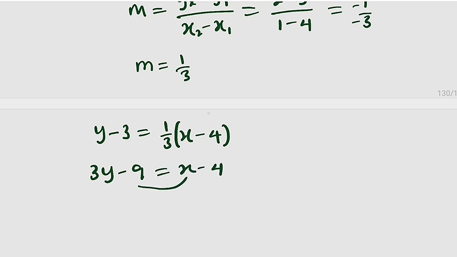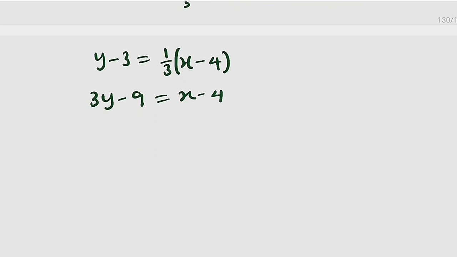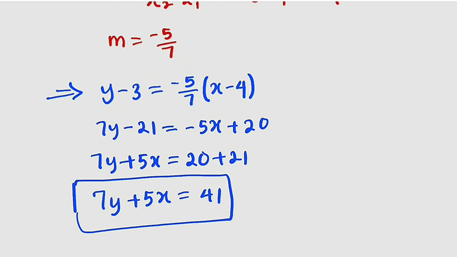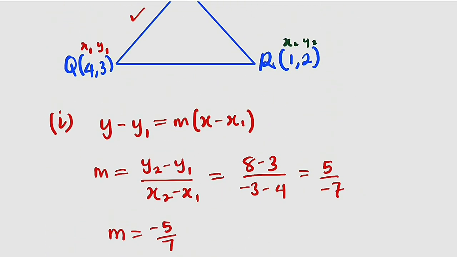We take this one to the other side and we take -9 to the other side. We have 3y minus x equals, as -9 crosses over, it becomes +9, then minus 4. Finally, 3y minus x equals 5. And this is the equation of the line that passes through the points QR. And that's all about the A part.